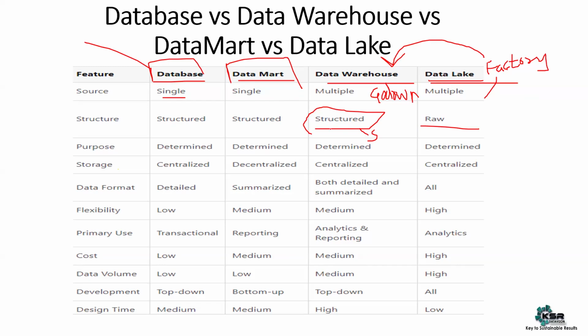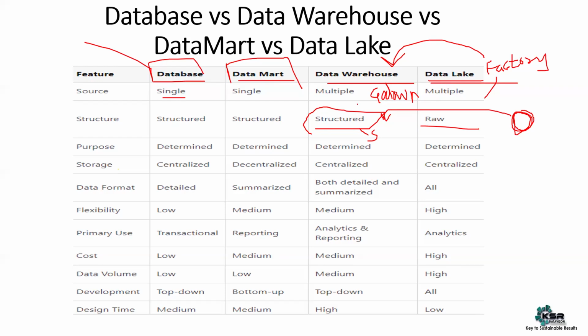So once that soap, that daily soap, which is manufactured in the factory, comes down to the godown, that godown is called a warehouse. Every product which is manufactured comes to a warehouse. From that warehouse, it is segregated to different shops. In that warehouse also, information is kept in different racks because it is easier to find. Those different racks are called data marts.